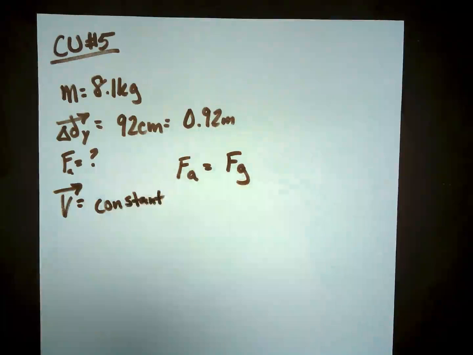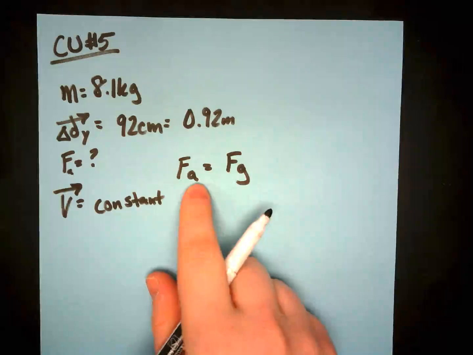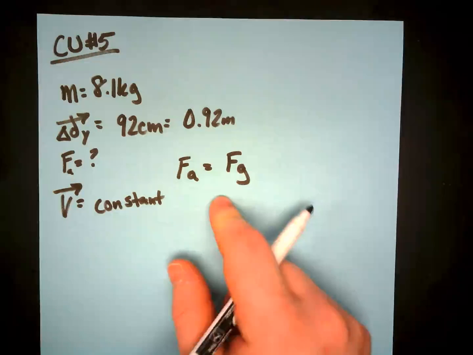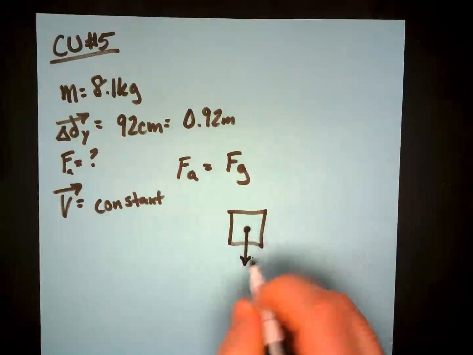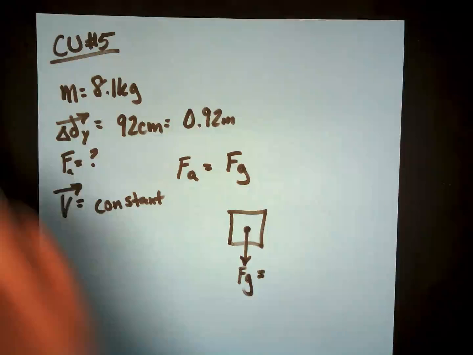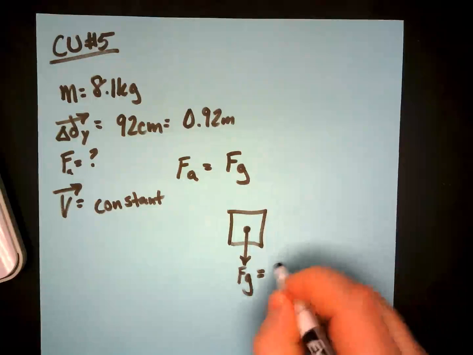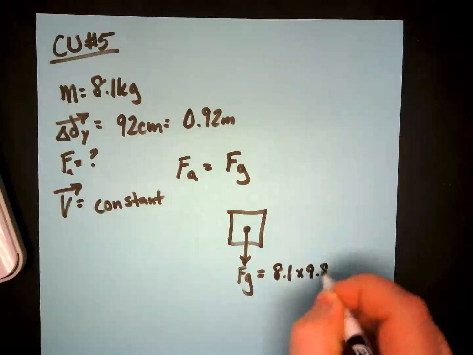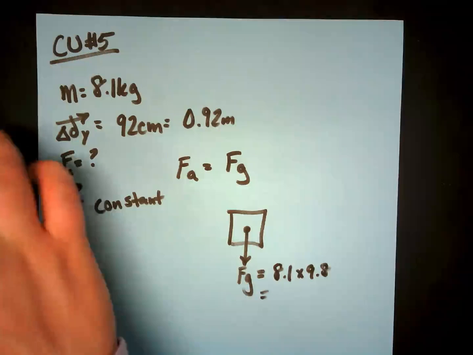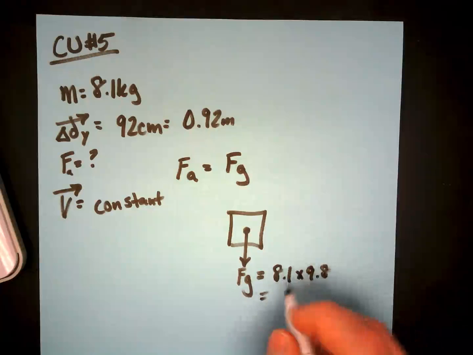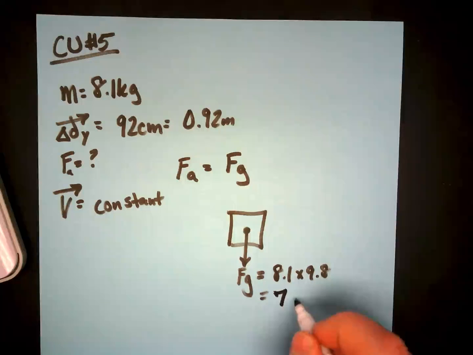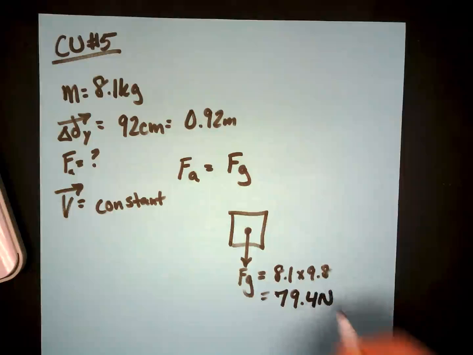Because velocity is constant, our applied force has to be equal to the force due to gravity. So, if this is our bag, the force due to gravity here is going to be 8.1 times 9.8, which is roughly 79.4 newtons.